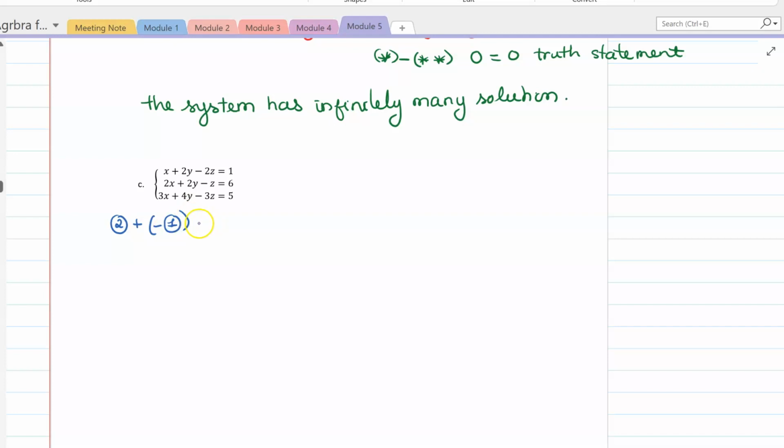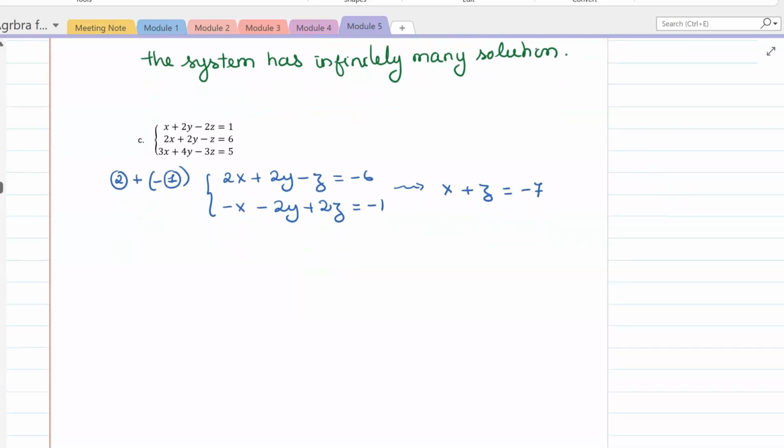Let's put out the 2 equations so that we can see clearly. So here's equation 2, that is 2x plus 2y minus z equals negative 6. The negative of equation 1 gives you negative x minus 2y plus 2z equals negative 1. And so if we perform that operation as we said, we will get x plus z equals negative 7.